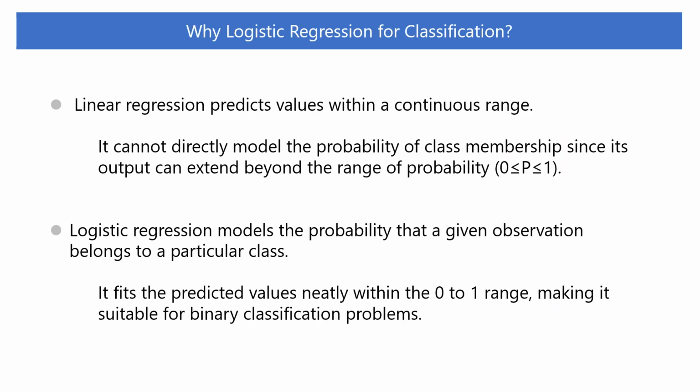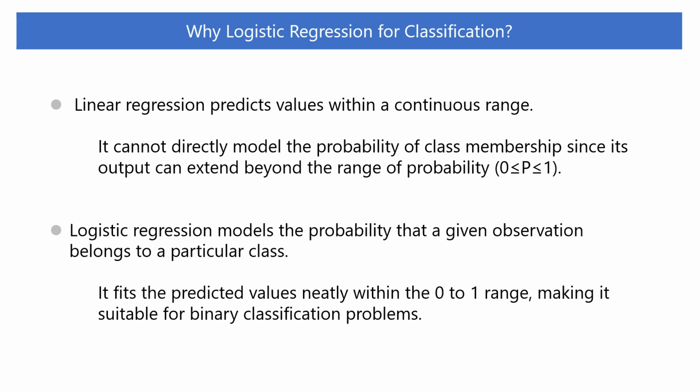You might wonder, why not use linear regression for these classification tasks? Linear regression predicts values within a continuous range, but classification problems require a categorical outcome. Herein lies the crux. Linear regression cannot directly model the probability of class membership, since its output can extend beyond the range 0 to 1.